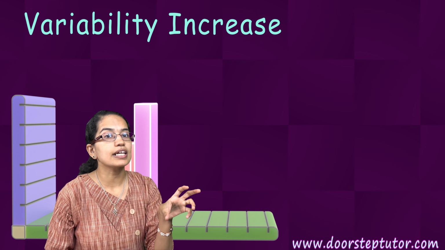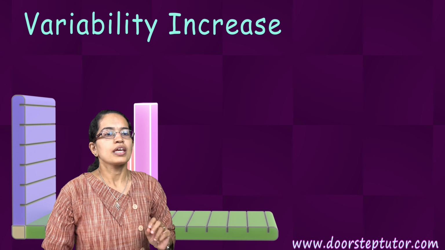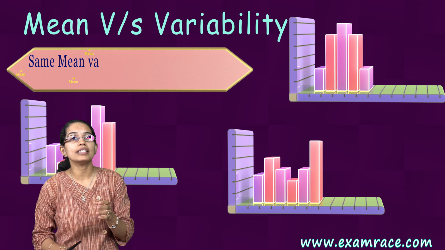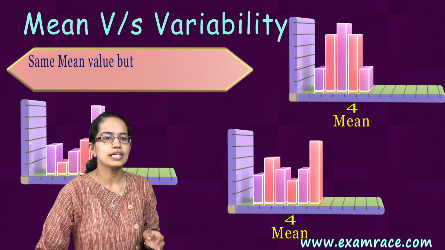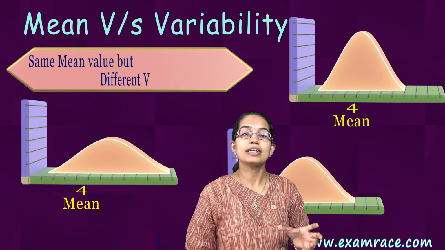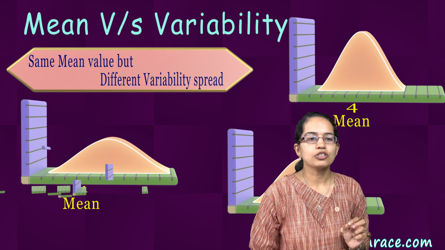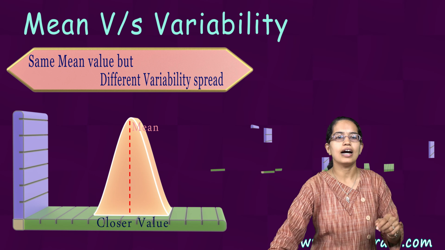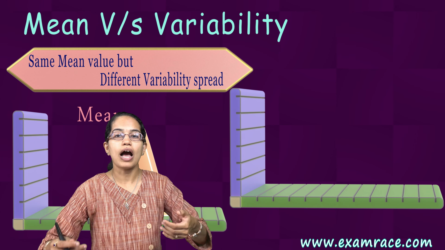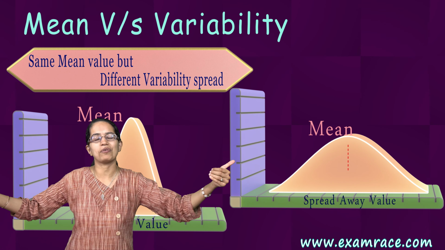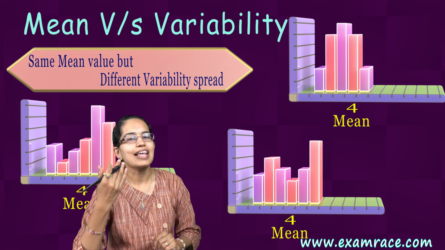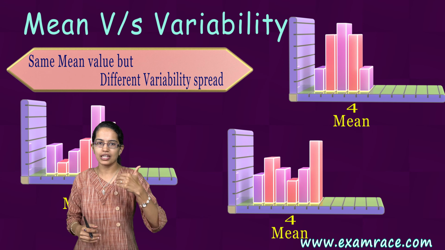Now, when the variability has increased, what does that mean? In these cases we see equal means, but the variability is different. In this case, you have all the values closer to the mean, but in the other case, you have all the values away from the mean, but still the mean remains the same, and that's where we understand the variability.